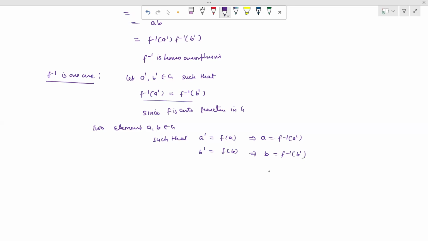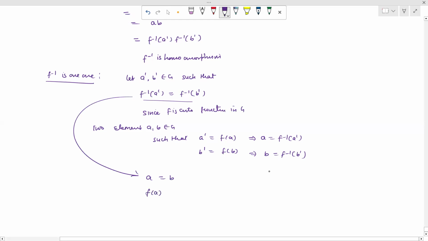So in this we put A equal to B. When A equals B, then FA equals FB, because F is 1-1, so we reversely use the definition. FA equal to FB means A dash is equal to B dash. So it means that F inverse is 1-1.